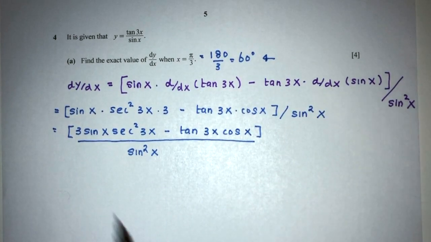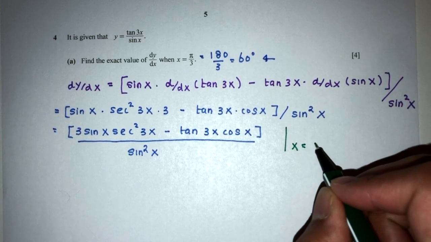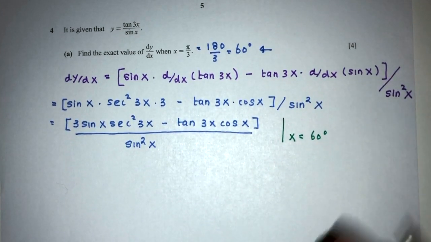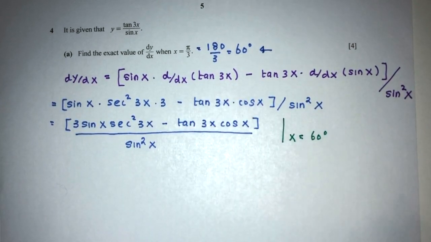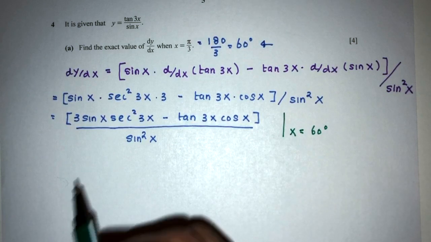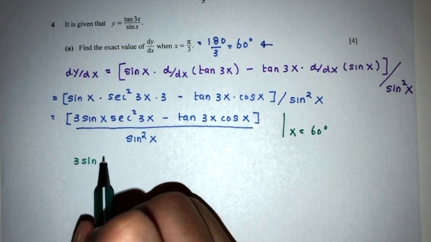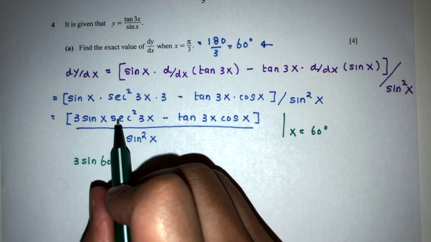Now we have to find this value when the value of x is pi by 3, which is 60 degrees. So let's actually replace this value in my equation first. Let's see what we need to find. So 3 sine of 60 multiplied by sec squared 3x.